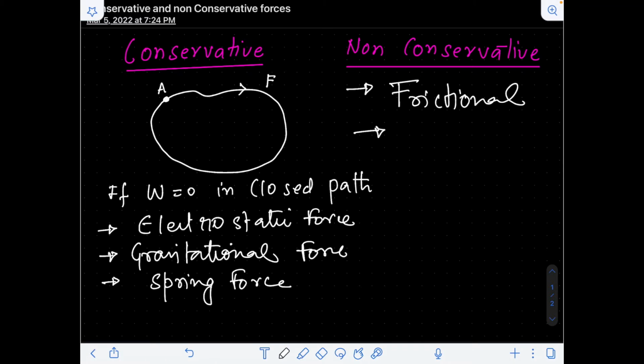When a body moves in a fluid, for example in air or in liquid, the resistive force applied on the body due to that fluid is also non-conservative in nature. So we can write here: fluid force is also non-conservative in nature. These are the very basic examples. Let's discuss further regarding these forces.